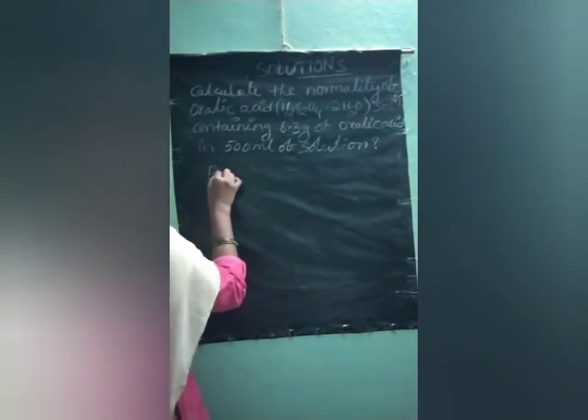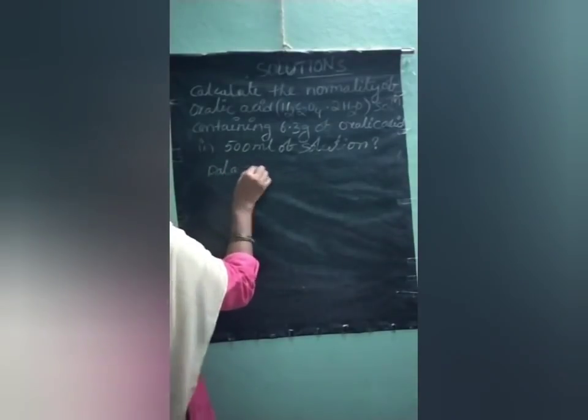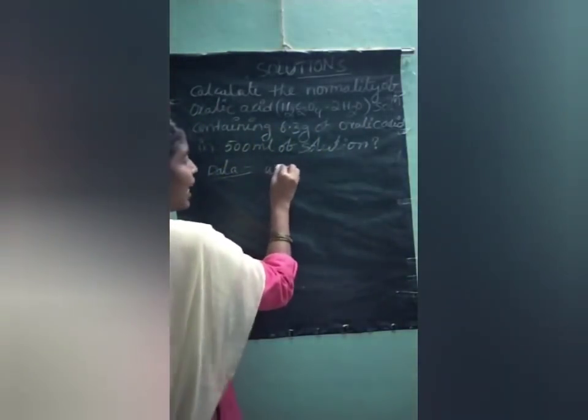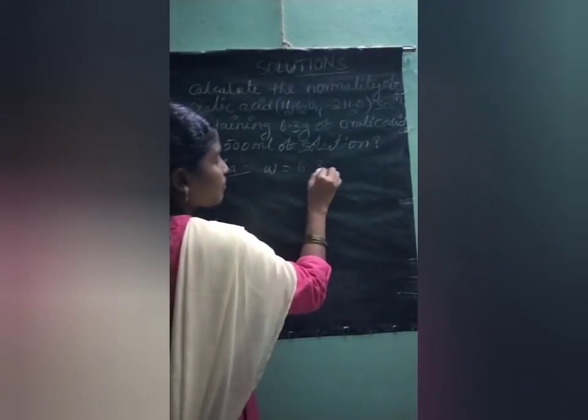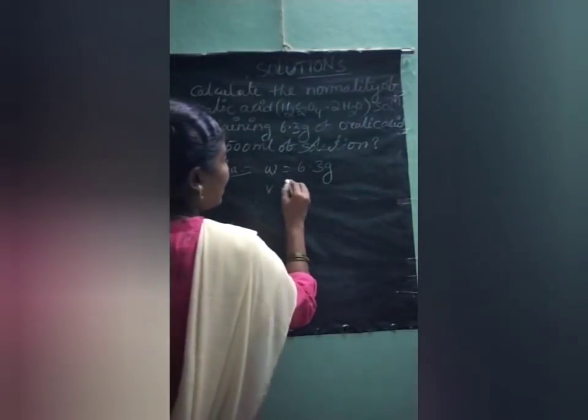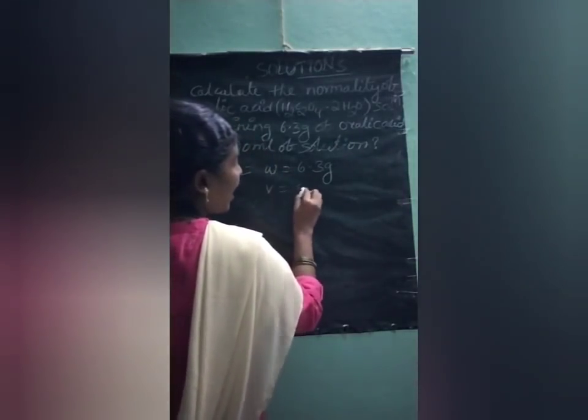First, write down the data given: the weight of the oxalic acid is 6.3 grams, and the volume of the solution is 500 ml.